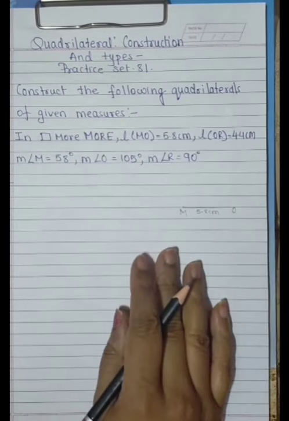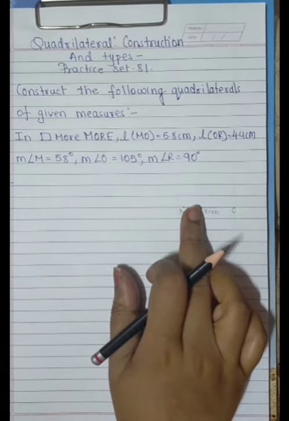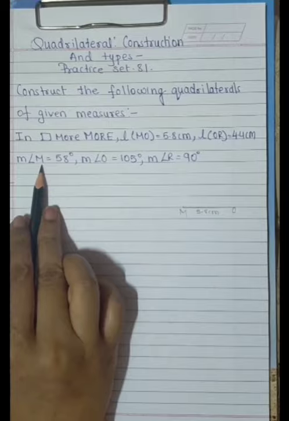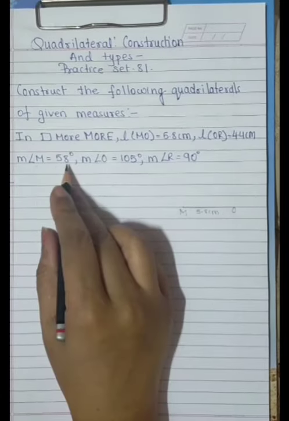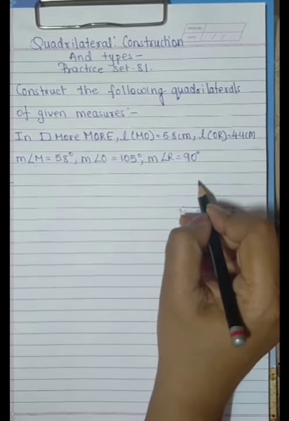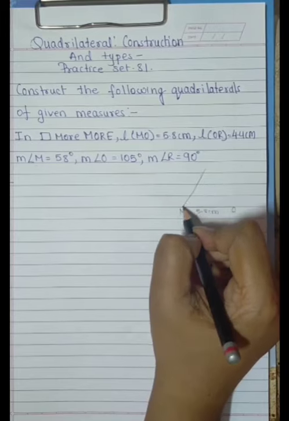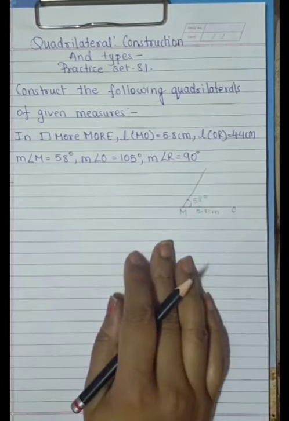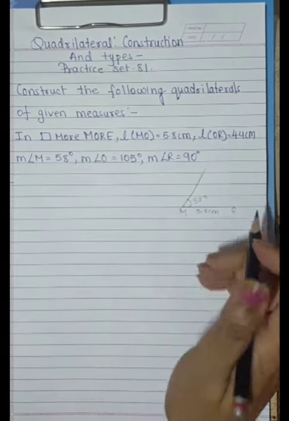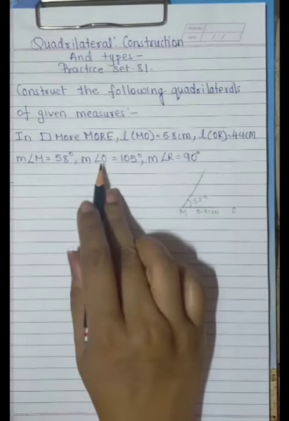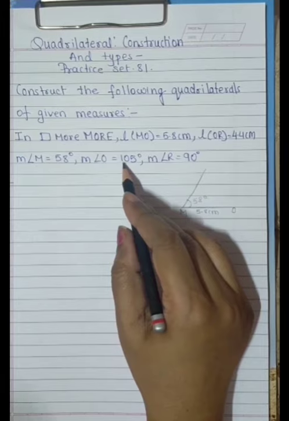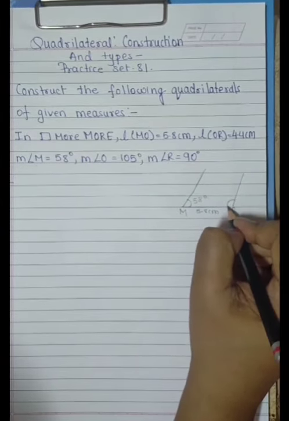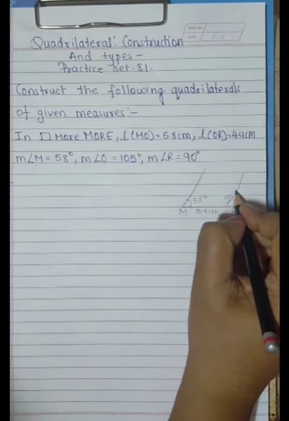Now first, measure angle M is equal to 58 degrees given. So we'll take angle 58 degree. Afterwards we will draw here measure angle 105, so 105 degree.